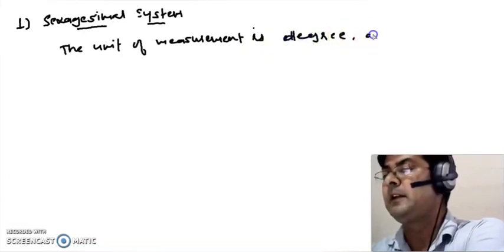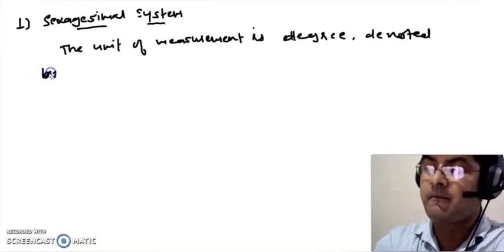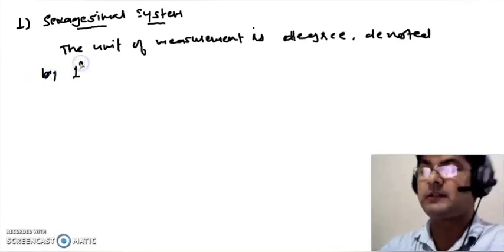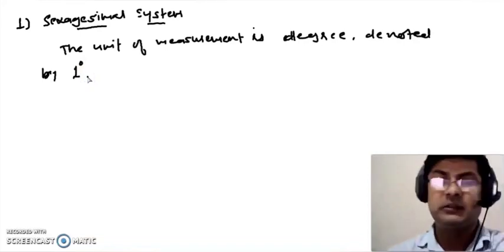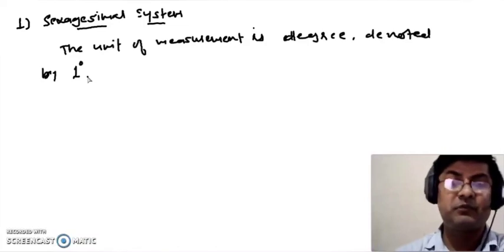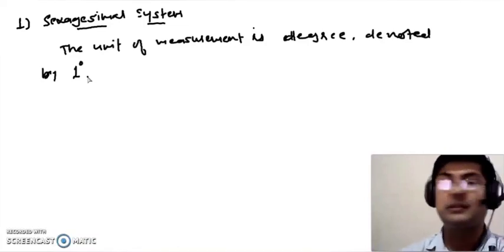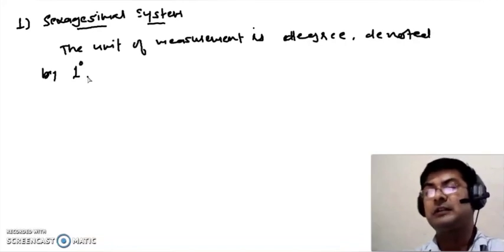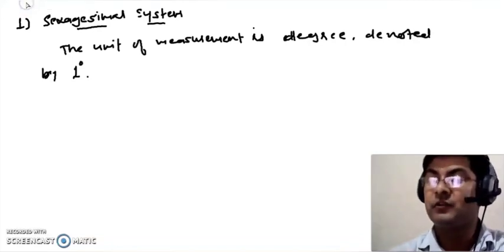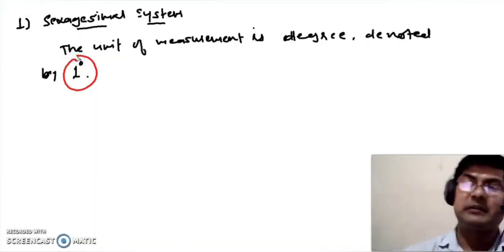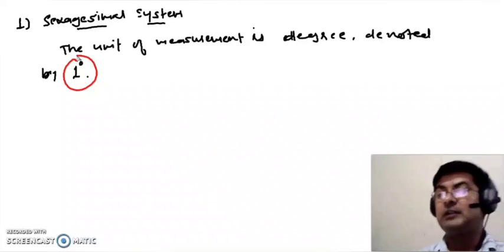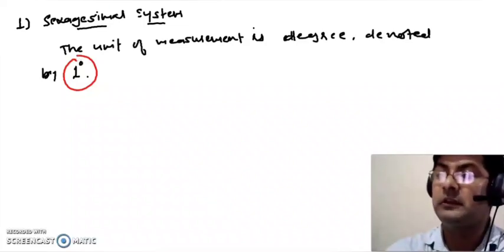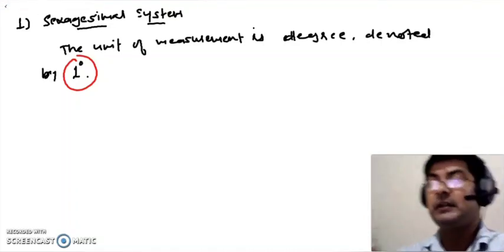Here it is denoted like this, 1 degree. So this is the unit in the sexagesimal system of measurement of an angle. The unit of measurement is called degree, and we denote it as written over here, in the red circle you can see. We can write it in this way, 1 degree. Clear? Now let us see what is this 1 degree.